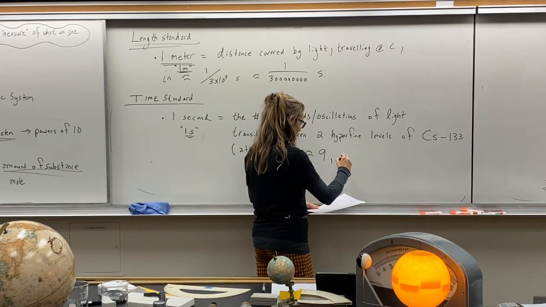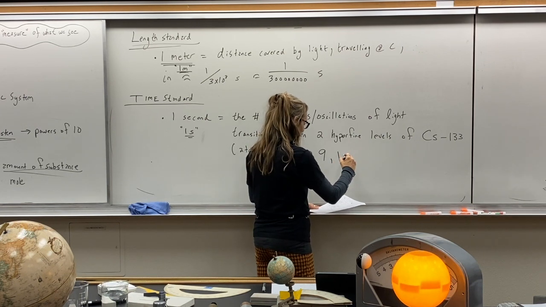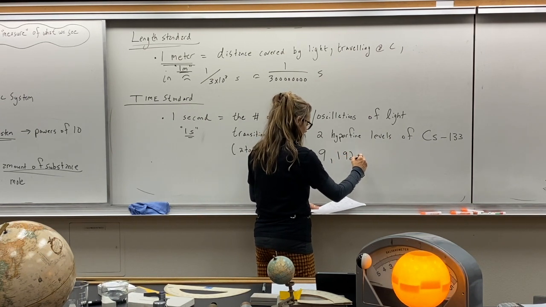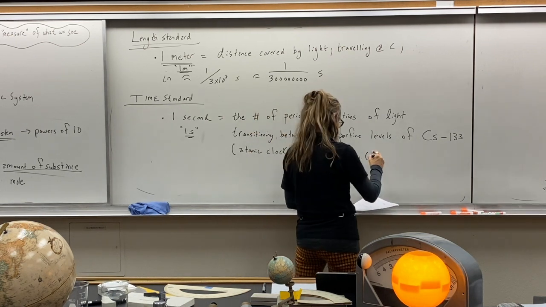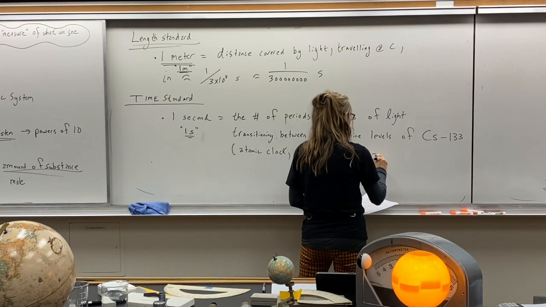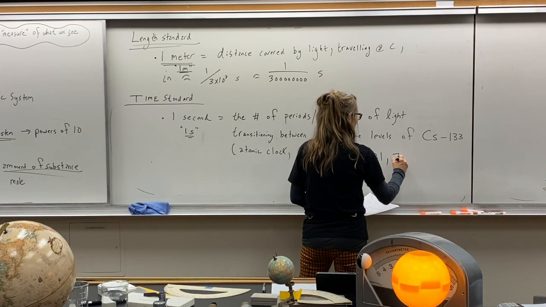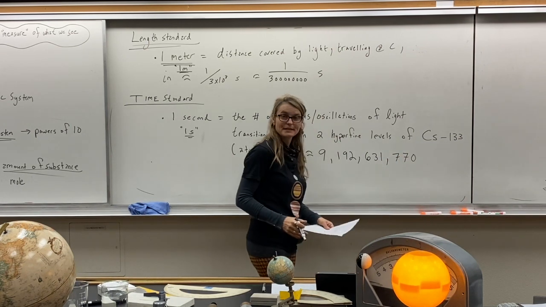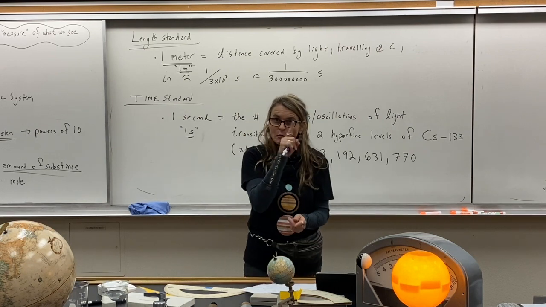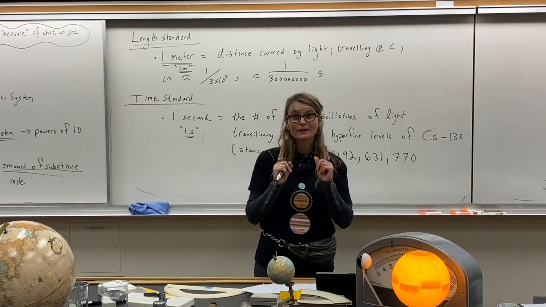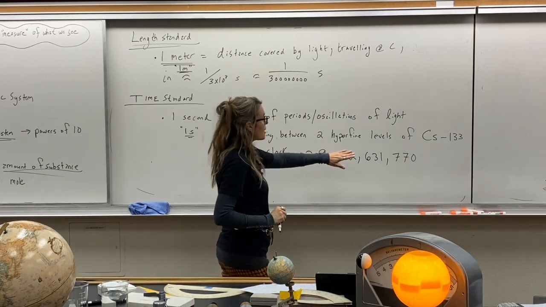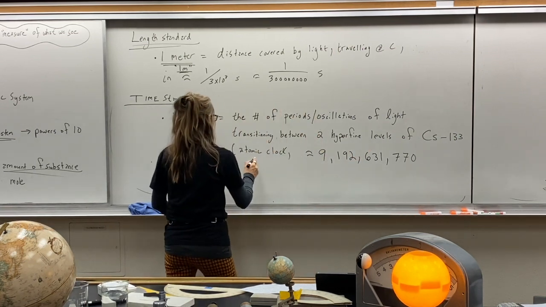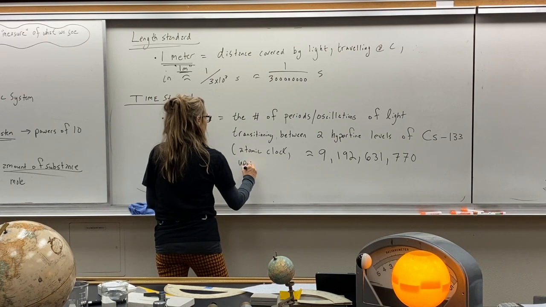I don't have this one memorized either. 9,192,631,770 cycles. So that's how many wavelengths go back and forth in what we define as 1 second. There are some upgrades they're trying to make on this atomic clock.